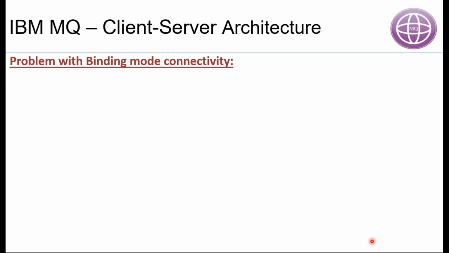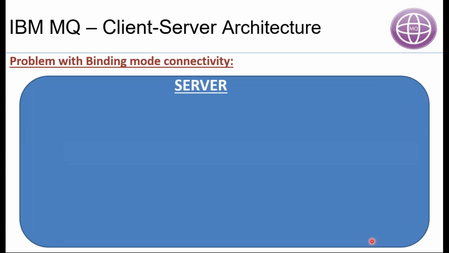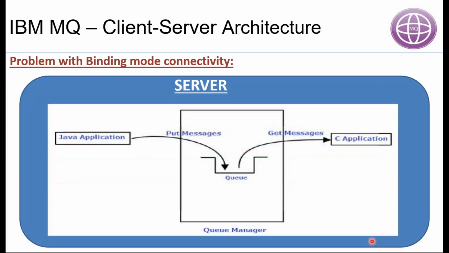Before that, let's see what the problems with binding mode connectivity are. Let's put the application in binding mode connectivity and see what's wrong with it. For example, I have a server. Let's assume this is a Linux server, the entire rectangle. In this server I have installed MQ and created a queue manager, and inside the queue manager I have created a local queue.